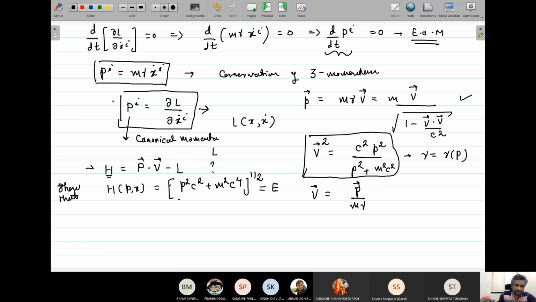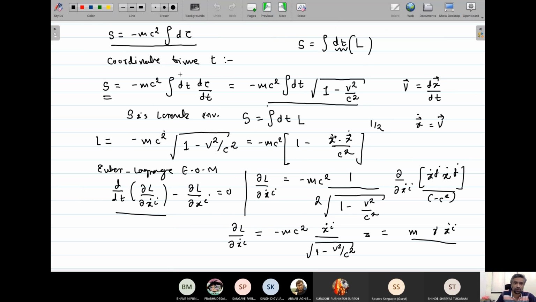This is just the energy, so it is the zeroth component. E behaves as the zeroth component of a 4-vector. So this is not a Lorentz invariant quantity; it will transform as the zeroth component of a 4-vector. But your equations are Lorentz invariant equations. You cannot see that because at this stage we have written everything in terms of coordinate time.